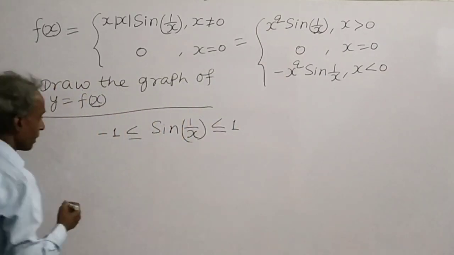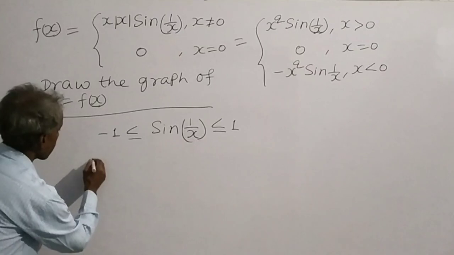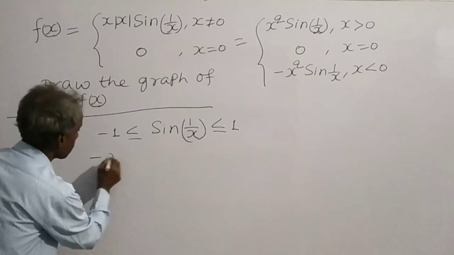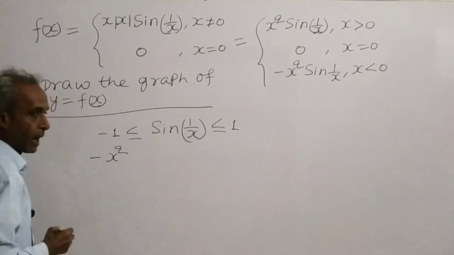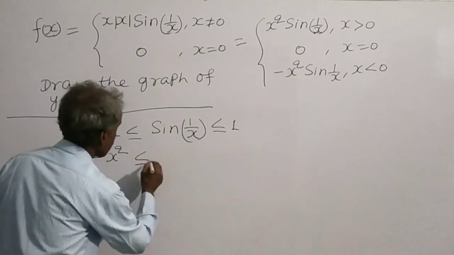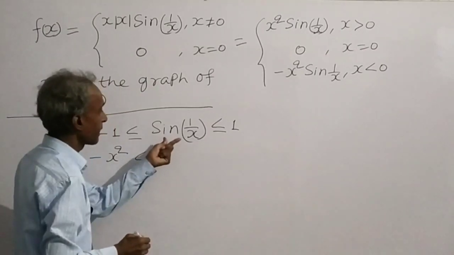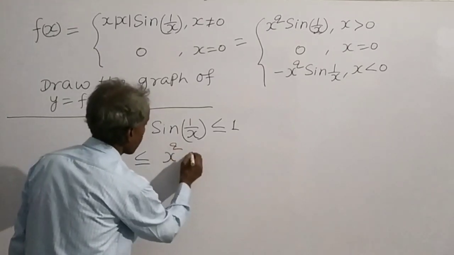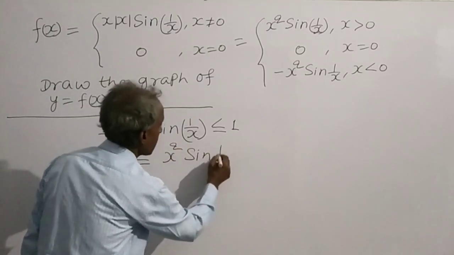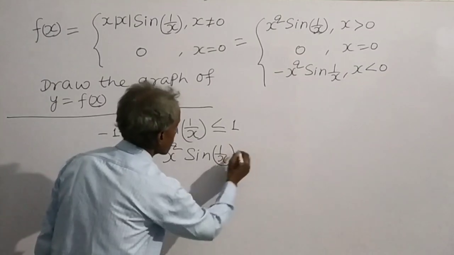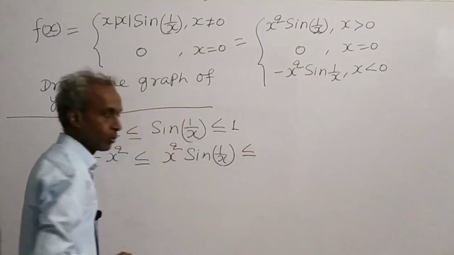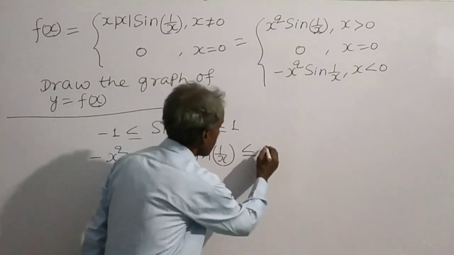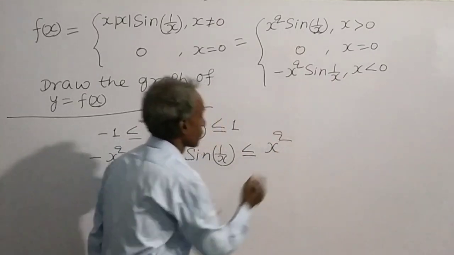Multiplying each by x square, minus 1 times x square means minus x square, less than or equal to x square times sin 1 by x, less than or equal to x square times 1, which is equal to x square.